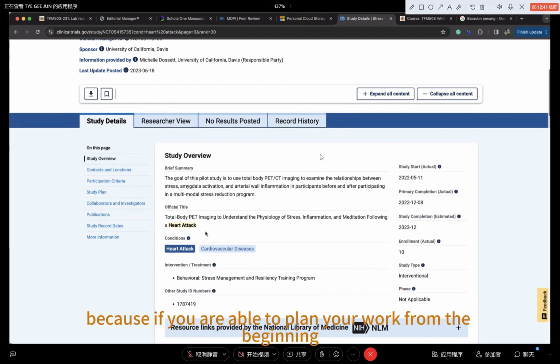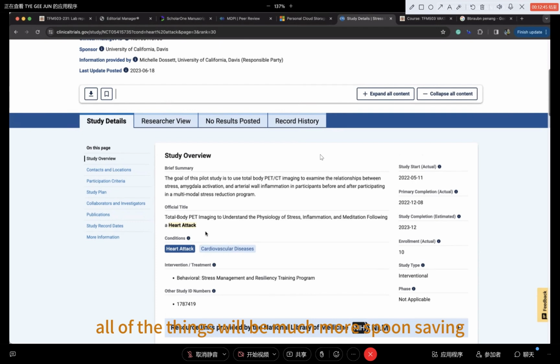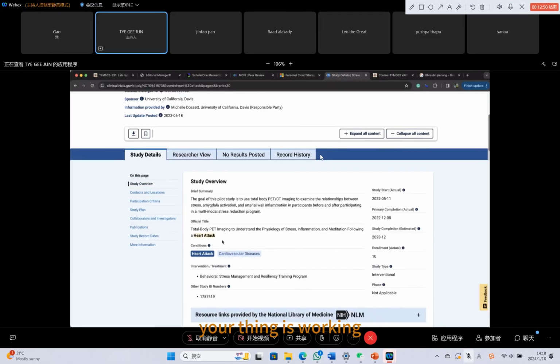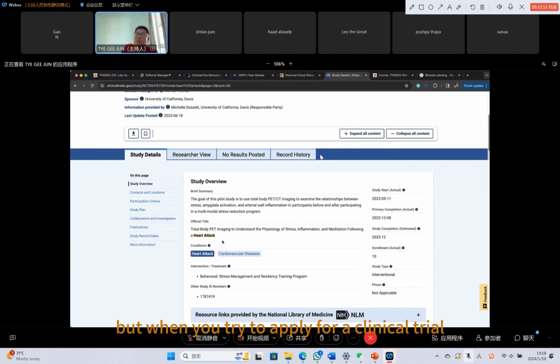Okay? Because if you are able to plan your work from the beginning, everything will be much smoother sailing. It won't come to a point whereby your thing is working, but when you try to apply for a clinical trial, you realize there are holes in your current data, or certain things that you haven't done or haven't thought of.